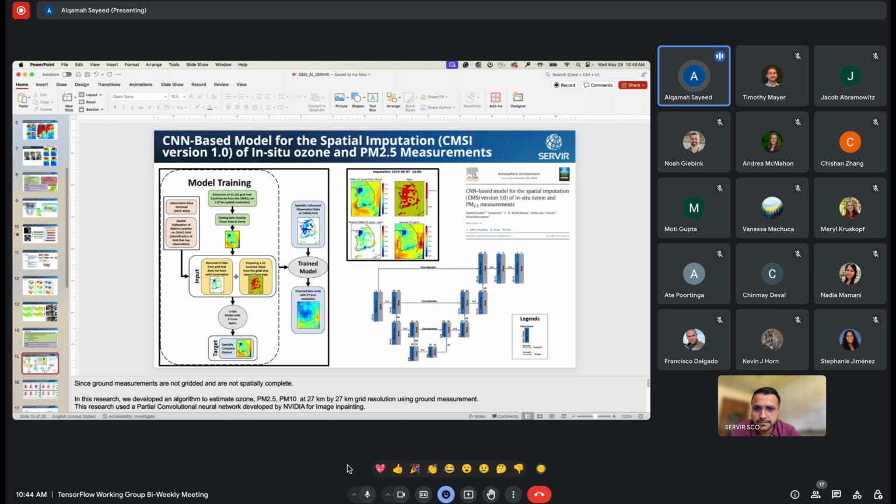What they were trying to achieve was that they had a completely washed out image, and they used this algorithm to fill that washed out image. So I repurposed this algorithm for air quality estimation.